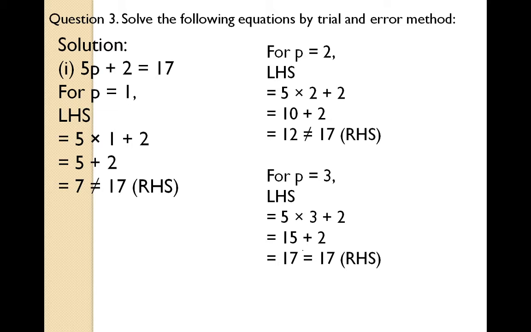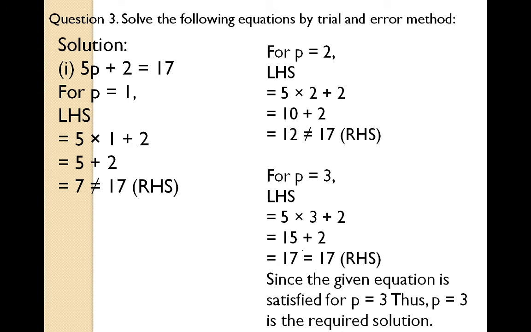If you solve this question orally in your mind, it will be easy. Or instead, you can place the values 1, 2, 3 in place of the variable, and solve the equation by showing LHS is equal to RHS. Since the given equation is satisfied for P is equal to 3, P is equal to 3 is the required solution.